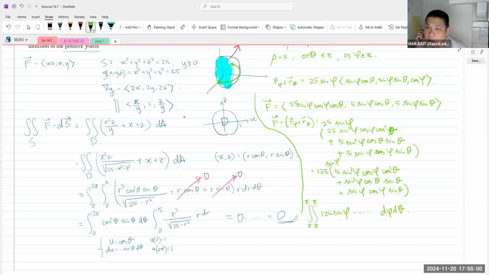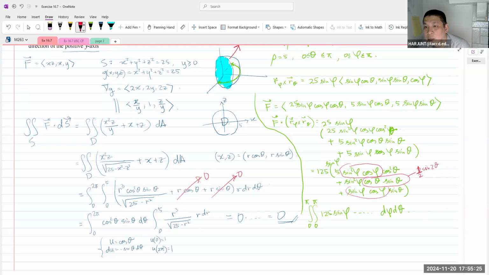Right, now you will see the following. When you integrate this with respect to phi, this will be 0. When you integrate this with respect to theta, it will be 0, because this becomes 1/2 sine 2 theta, right?